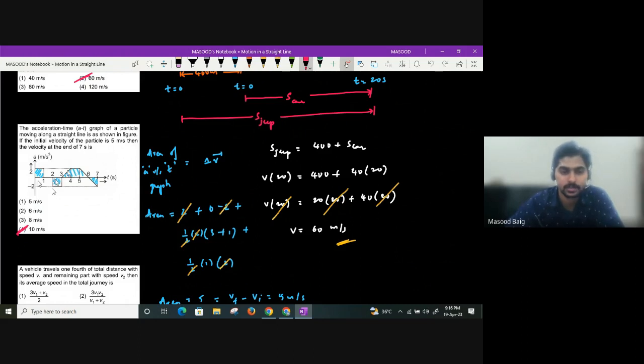This will be in the form of a trapezium, which will be half into 2 into the sum of parallel sides, 1 plus 3, which we got as 4. And this will be again half into base into height, half into 1 into 2. But this should be minus, no? Did I make a mistake there?